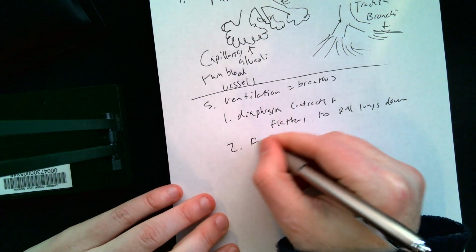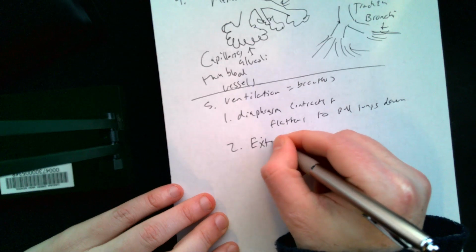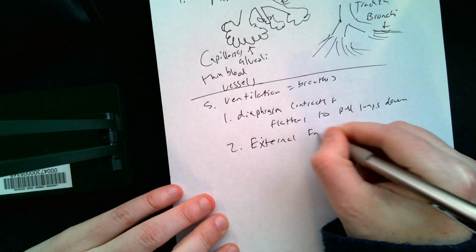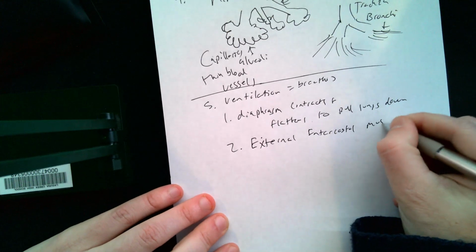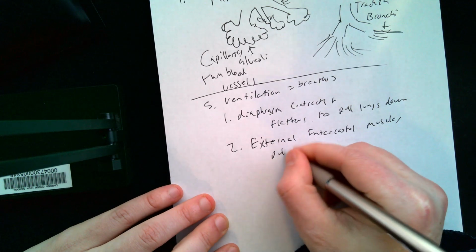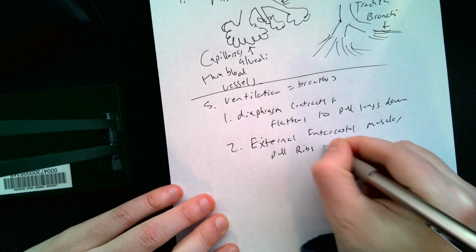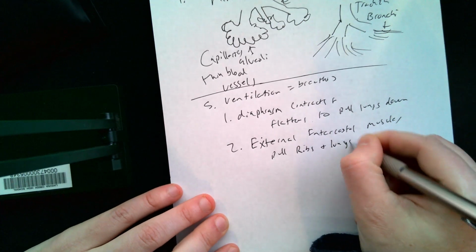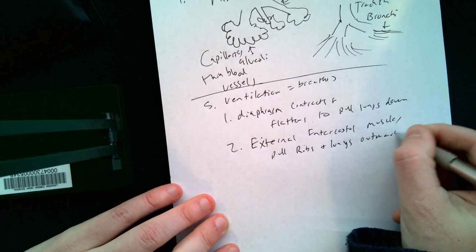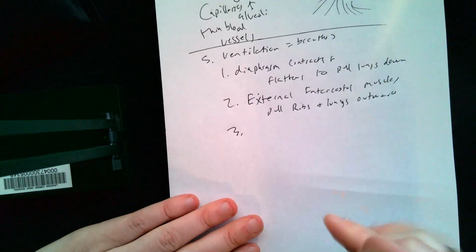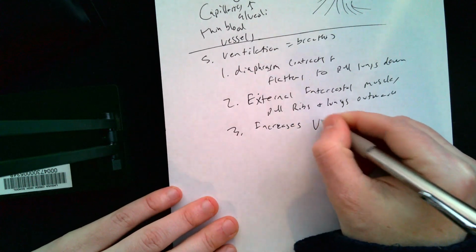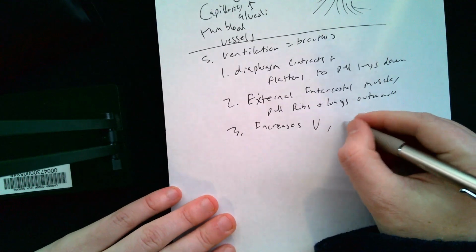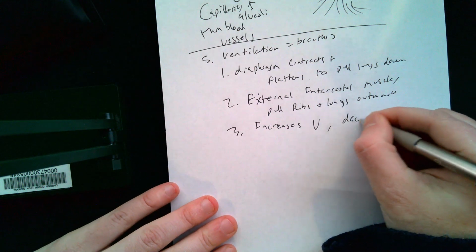Then your external intercostal muscles pull the ribs and lungs outward. This increases the volume, which decreases pressure.